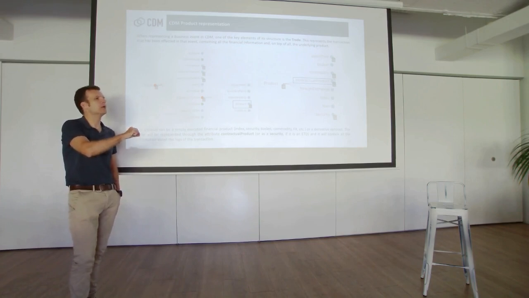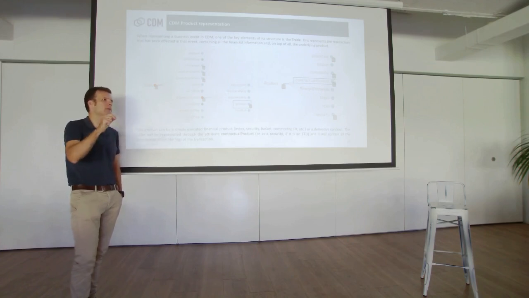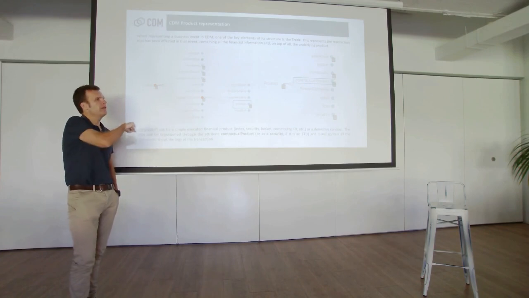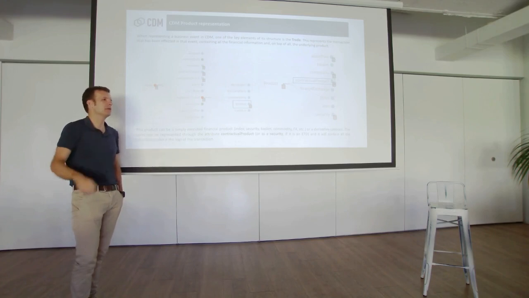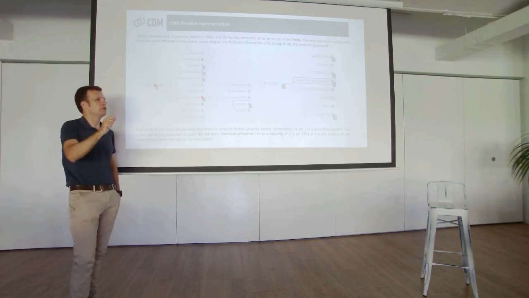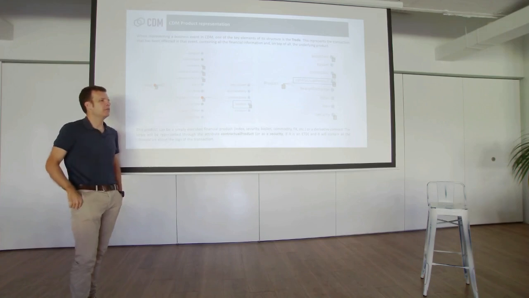It's a CLO. Okay, then I need to report this field and that field. So we'll use the qualifying functions that are part of CDM to filter what type of product it is and then to report based on the product.